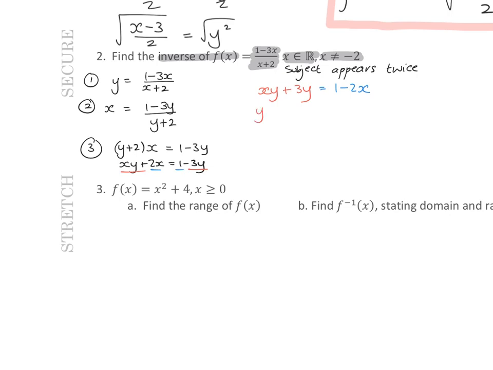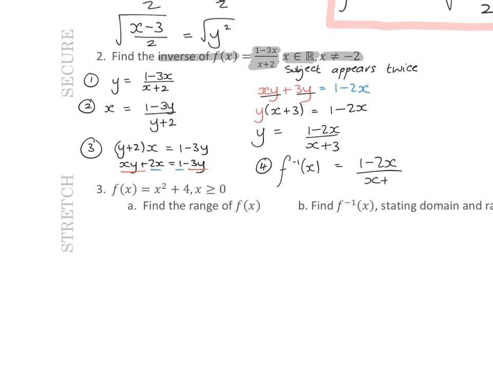Crucially, I'm factorising out the y from here and here, and then dividing. And then finally, step number 4 is we replace, so f minus 1 of x equals. So just a little bit harder there because that subject appears twice. So that is my answer.